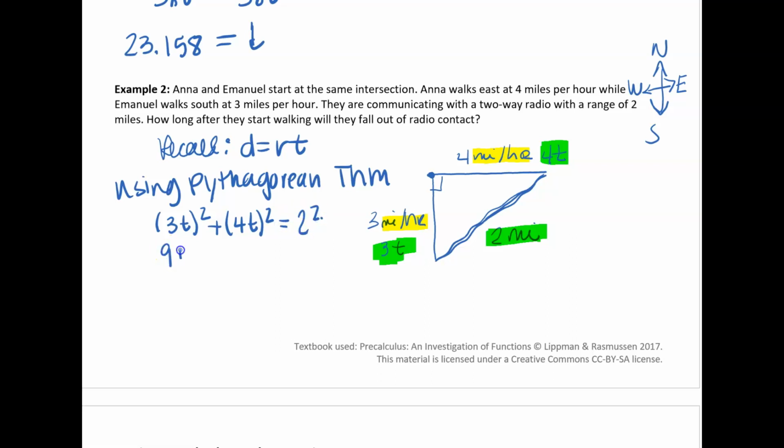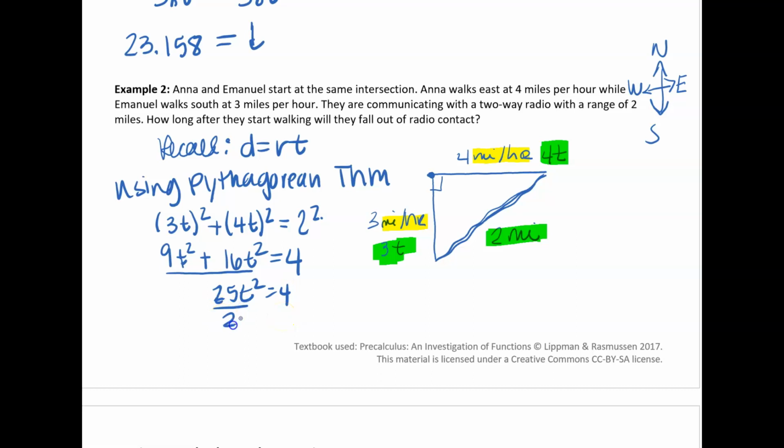So this gives me 9t squared plus 16t squared equal to 4. Then solve this out. Combine these two together, and that gives me 25t squared equal to 4.